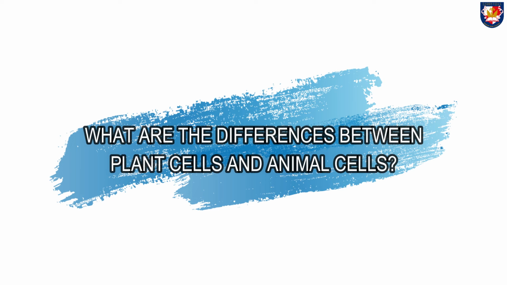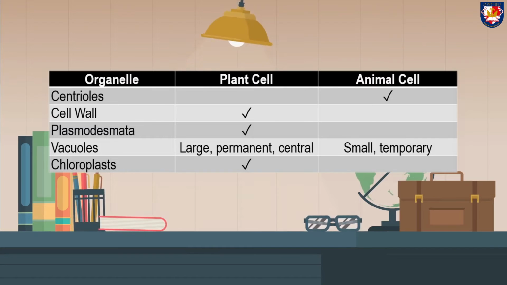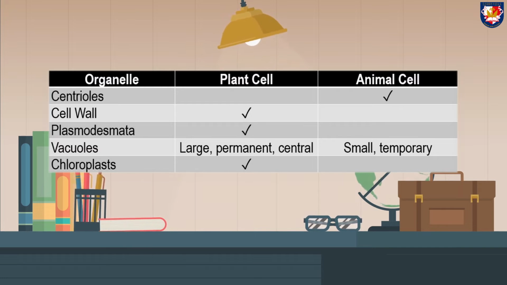What are the differences between plant cells and animal cells? First, plant cells do not have centrioles, while animal cells have centrioles. Second, plant cells have a cell wall, while animal cells do not have a cell wall. Third, plant cells have plasmodesmata, while animal cells do not have plasmodesmata.